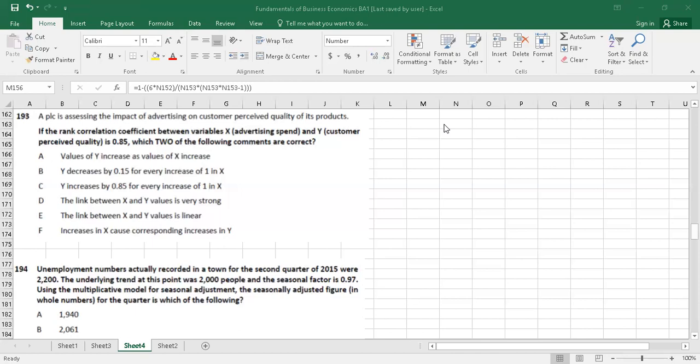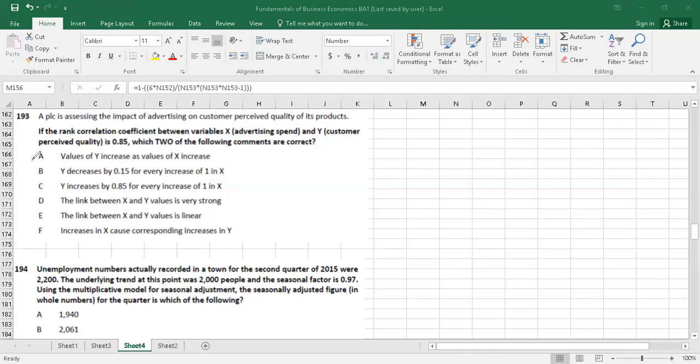And what about F? Increases in X cause corresponding increases in Y. X is an independent variable, so the independent variable cannot increase because of an increase in Y. That would be wrong.